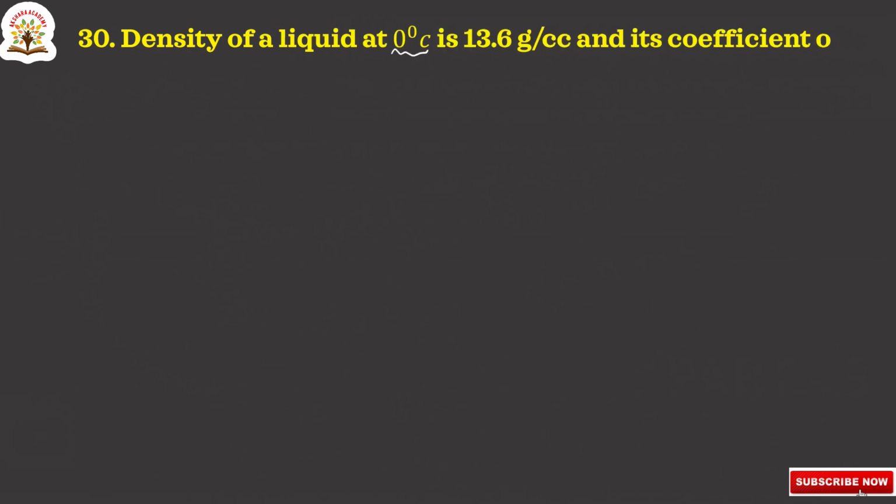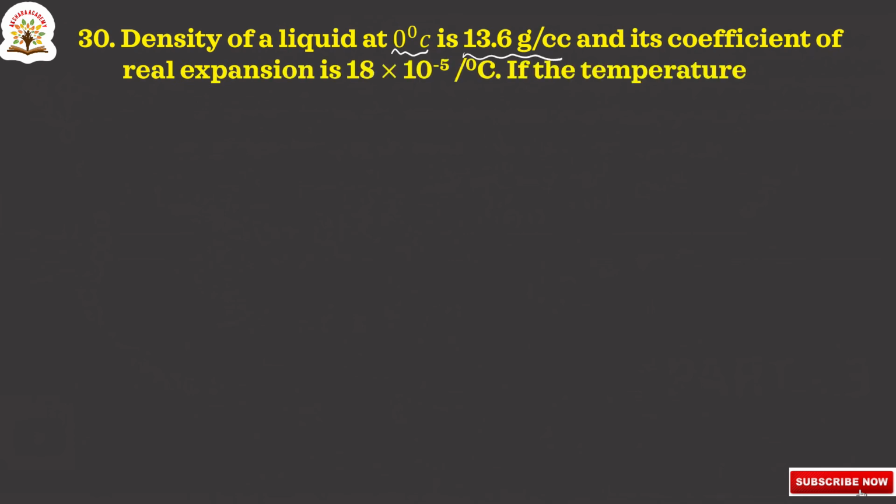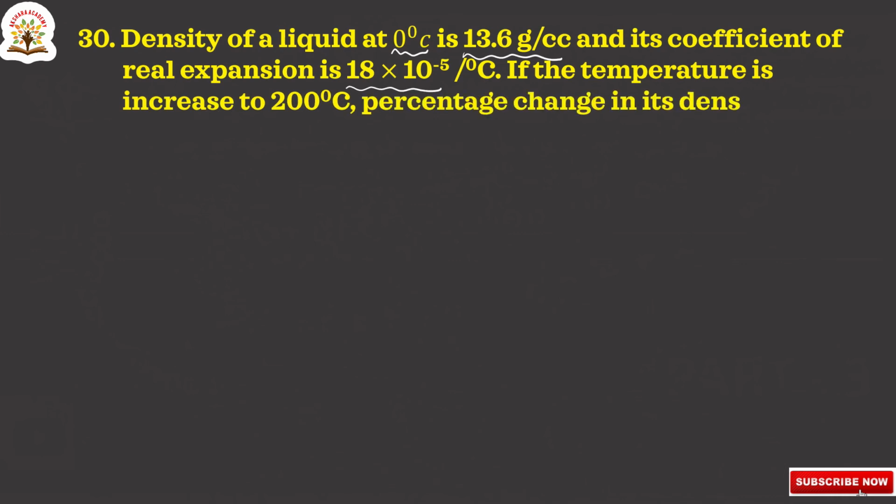In this question, density of a liquid at 0 degree centigrade is 13.6 gram per cc and its coefficient of real expansion is 18 into 10 to the power of minus 5 per degree centigrade. If the temperature is increased to 200 degree centigrade, then percentage change in its density is, here we have to calculate percentage change in its density.